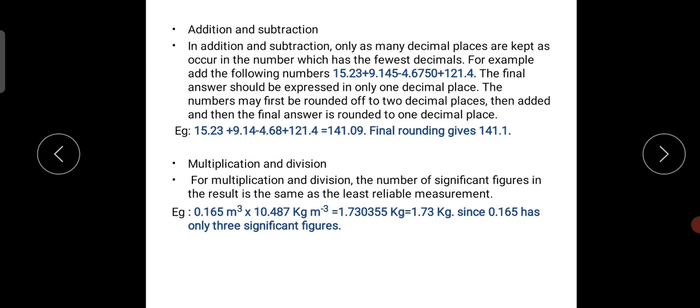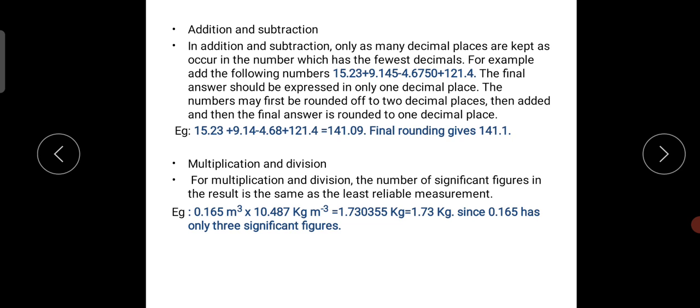Next, addition and subtraction in significant figures. In addition and subtraction, there will be many decimal places. See, this is one example. You can see many decimal places.